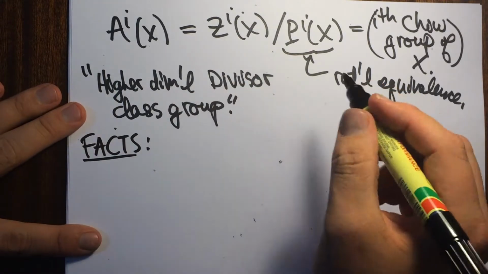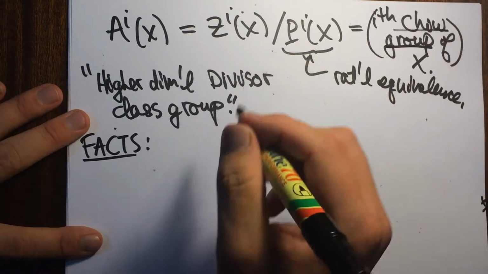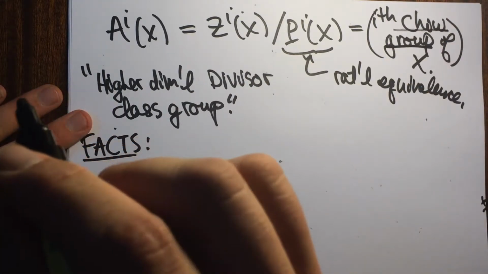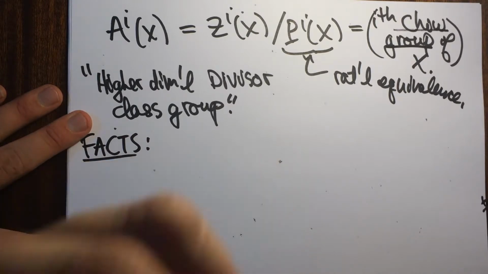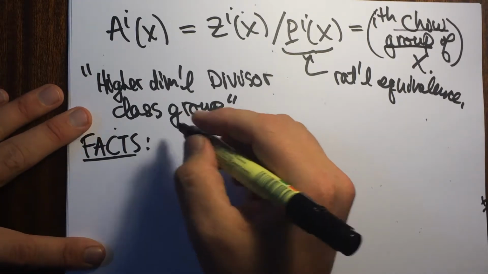So first, this is the Chow group, and we can make it into a ring, the Chow ring.